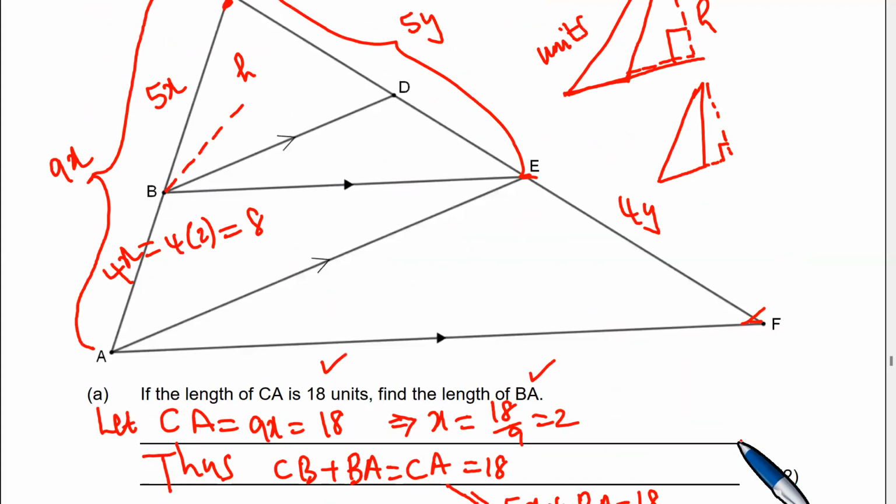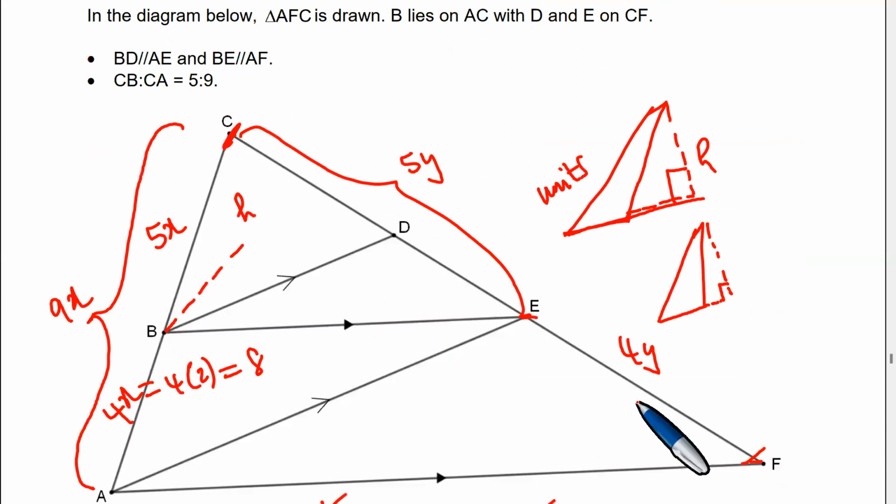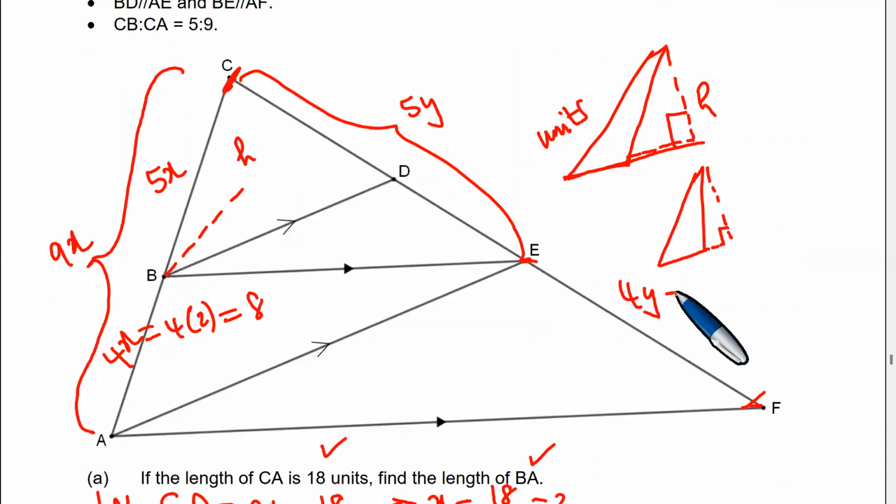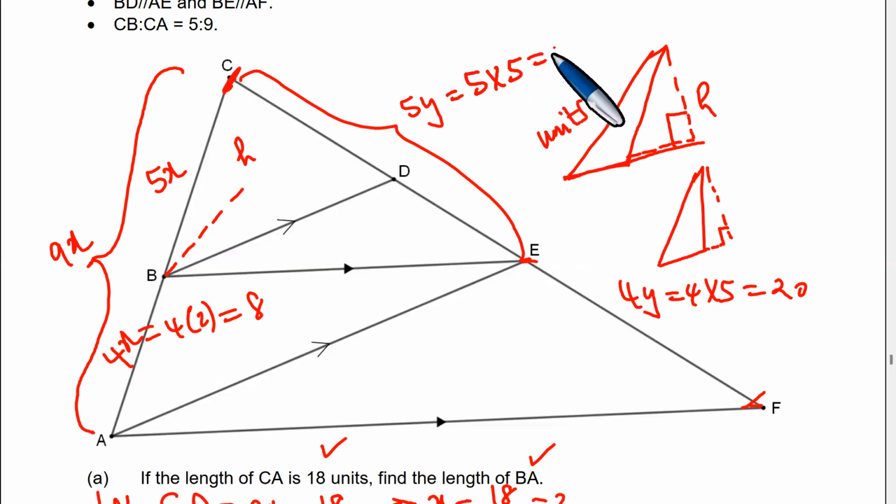If y is 5, then you can get accurate lengths here. This one is 4 times 5, which is 20. This one is 5 times 5, which is 25. And 25 plus 20 is still 45.